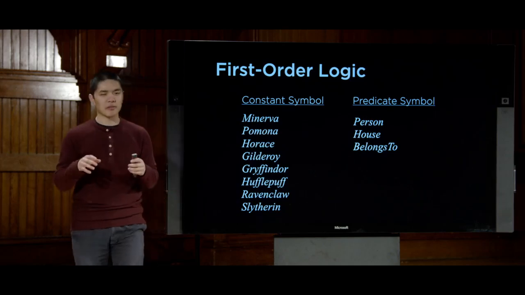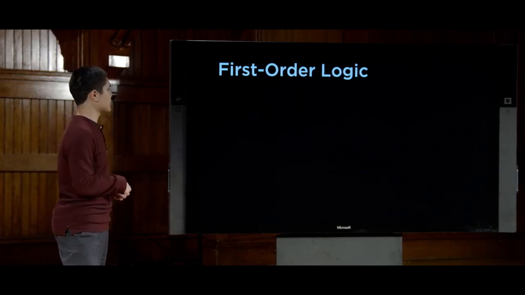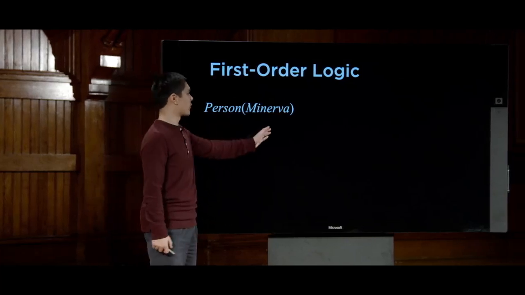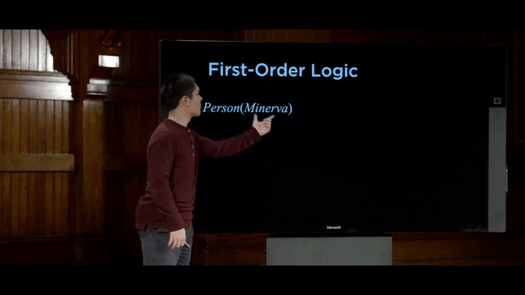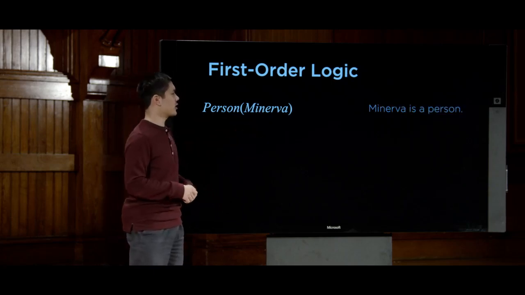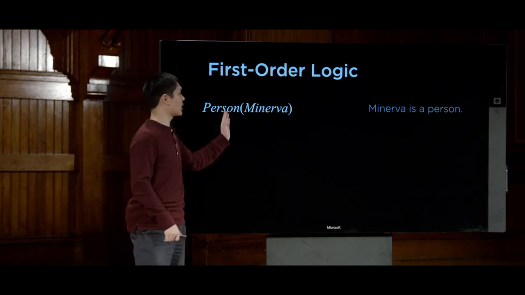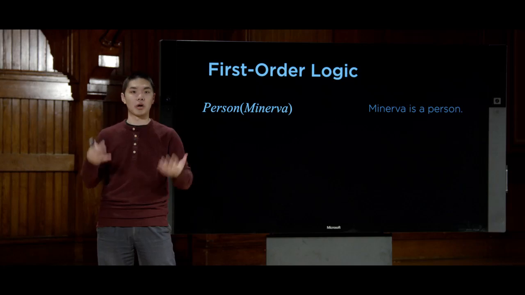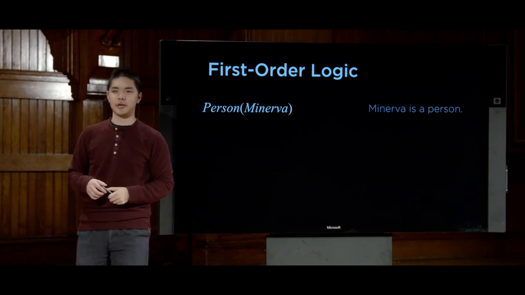So let's take a look at some examples of what a sentence in first order logic might actually look like. A sentence might look like something like this. Person, Minerva, with Minerva in parentheses, and person being a predicate symbol, Minerva being a constant symbol. This sentence in first order logic effectively means Minerva is a person, or the person property applies to the Minerva object. So if I want to say something like Minerva is a person, here is how I express that idea using first order logic.